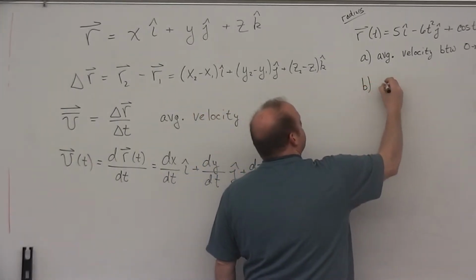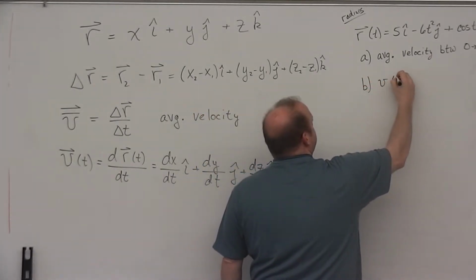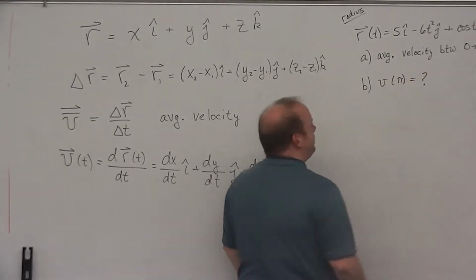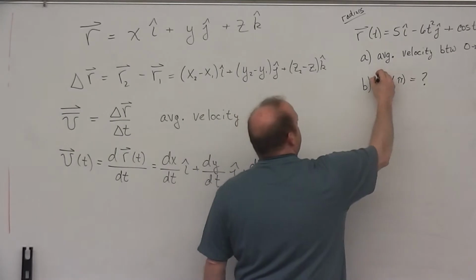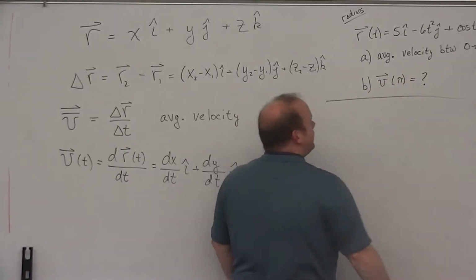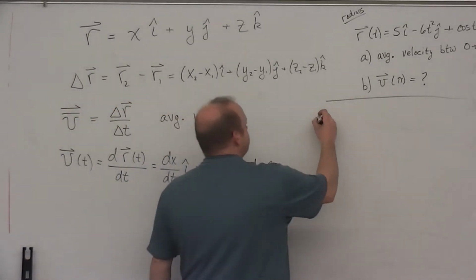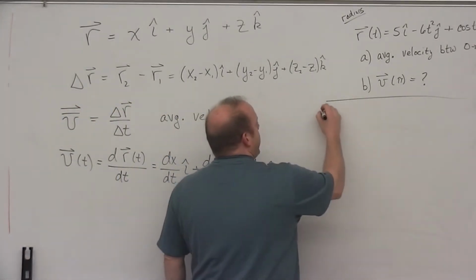And I want to know what the instantaneous velocity is. I want to know what my velocity at pi seconds is. Okay? Just so we can see the difference between the two. Average velocity. So now, part A.